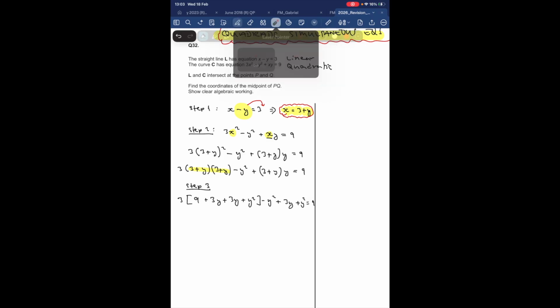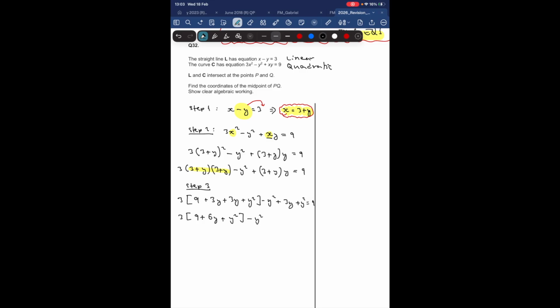I can then simplify this square bracket, so I can collect up the like terms here before I multiply by 3. So I'm going to end up with 3 bracket 9 plus 6y plus y squared minus y squared plus 3y plus y squared equals 9.